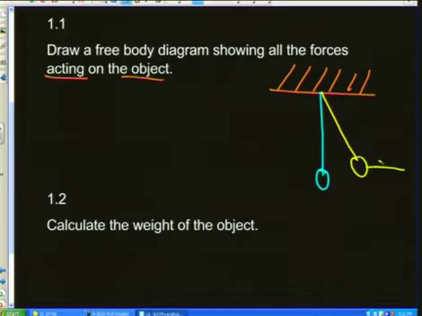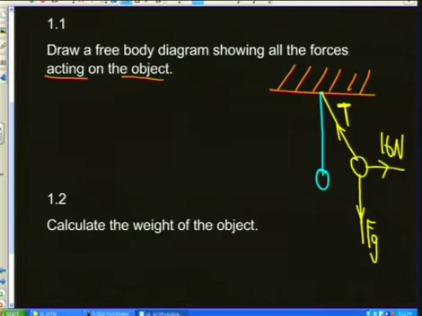He pulls it with some force there, and I think we are told he is pulling it with a 16 Newton force. Obviously, we know there is tension in that string there. And this object has got some mass, and therefore there is some gravitational force on it.